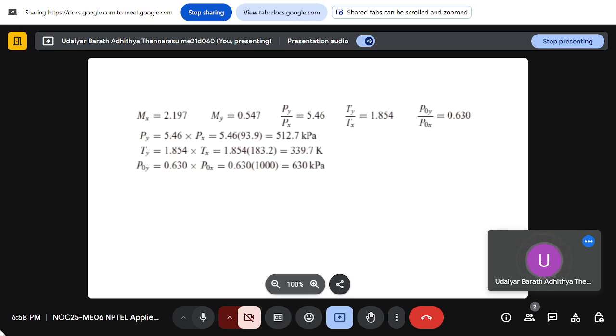Py is 5.46 times the upstream pressure, so 5.46 into 93.9 gives you 512.7 kilopascal. So that is the downstream pressure. Next is Ty. Ty is 1.854 times Tx, so 1.854 into 183.2, which gives 339.7.